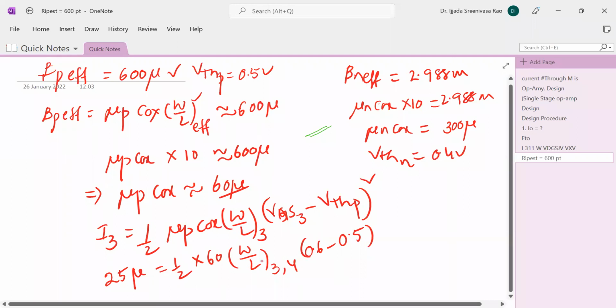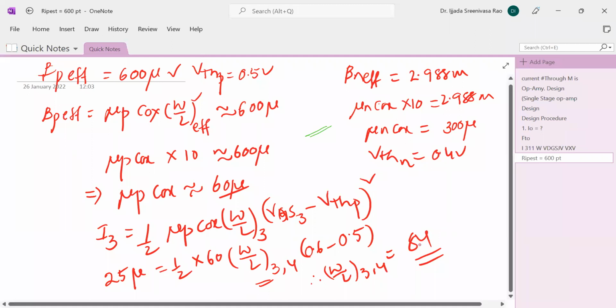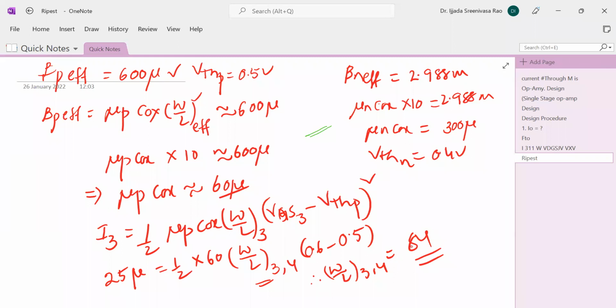So now the only unknown quantity is W by L. Therefore, if you solve this, W by L of 3,4 is equal to 84. Got it? Yes sir. This is the W by L of 3 and 4 transistors. If you have some fractional value, suppose 84 point something, it should always be an integer, because W by L ratio, width to length ratio, should always be an integer, so approximate to the higher value. Okay.